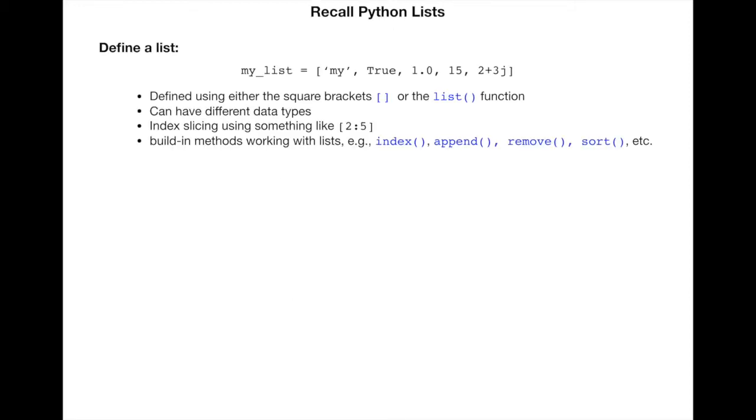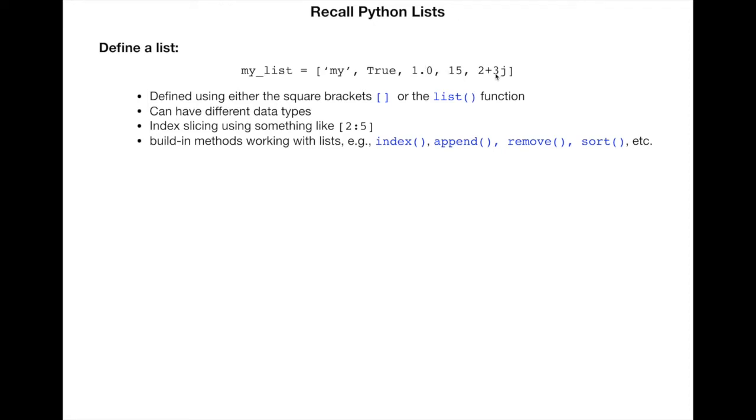So recall the Python lists. For example, how to define a list. So here my list is the name of the list, and remember that we use square brackets, or you can define the list using the list function. So now in this list I have a string, a boolean, a floating number, an integer, and a complex number, right?